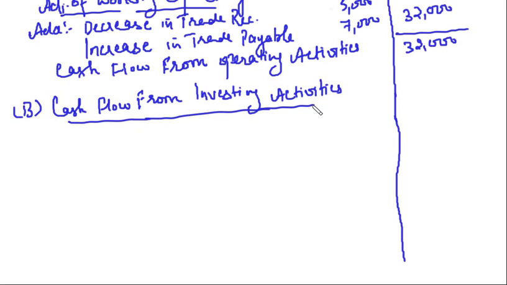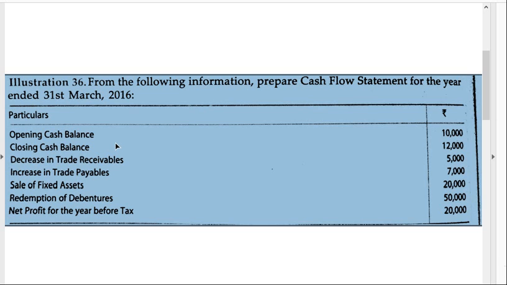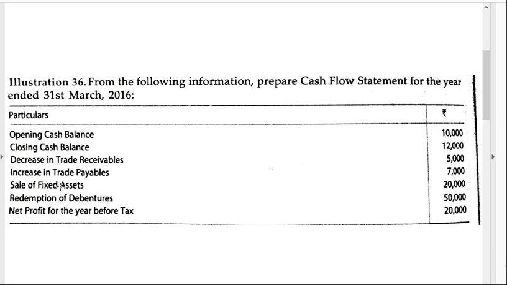So cash flow from investing activities, cash balance we have taken, receivables we have taken, payables we have taken, sale of fixed asset, right? What are the investing activities? Activities related to sale and purchase of fixed assets and long-term investments. So sale of fixed asset 20,000 is an investing activity.